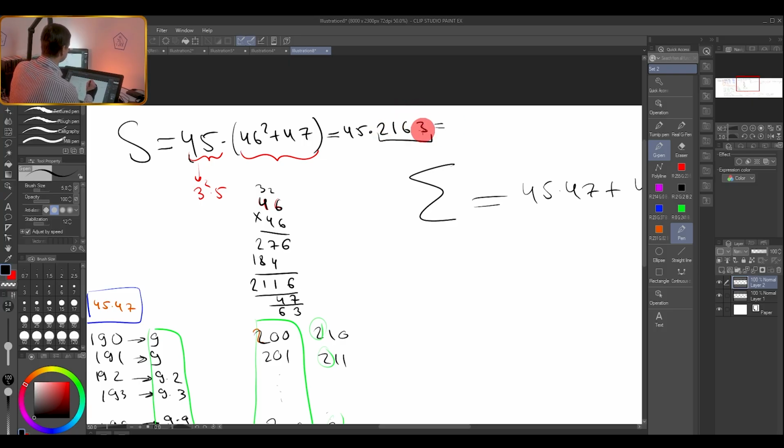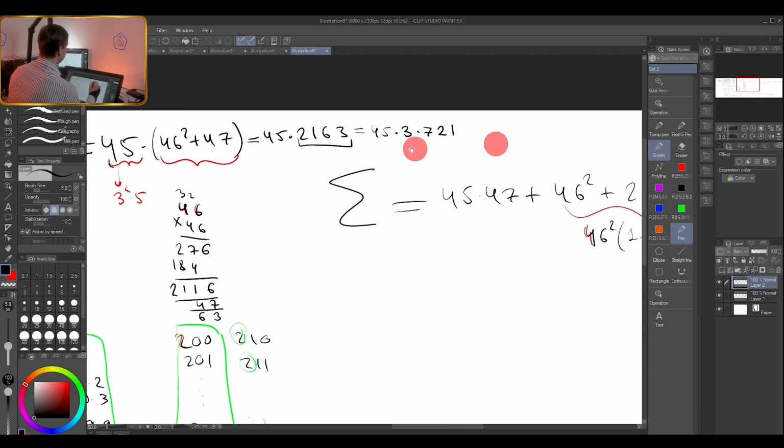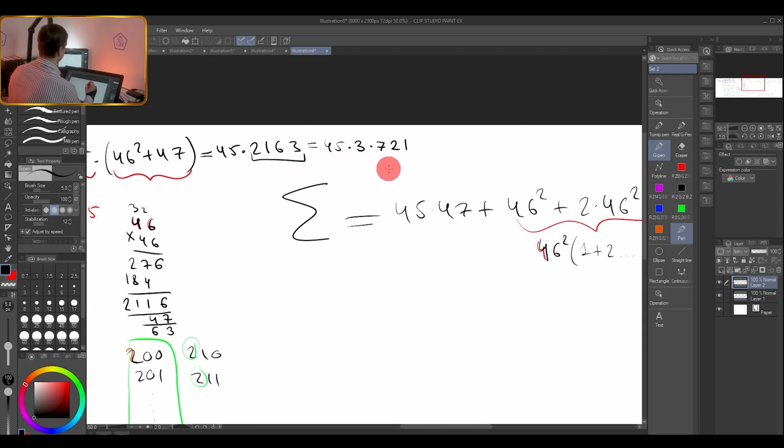And it's very easy to divide by 3, you can do it immediately. It will be 45 times 3 times 721. 3 times 721 is this number. Okay, so if we are looking at the largest prime factor, this one gives only 3 as a prime factor, this one gives 3 and 5. Obviously, we need to look at 721.